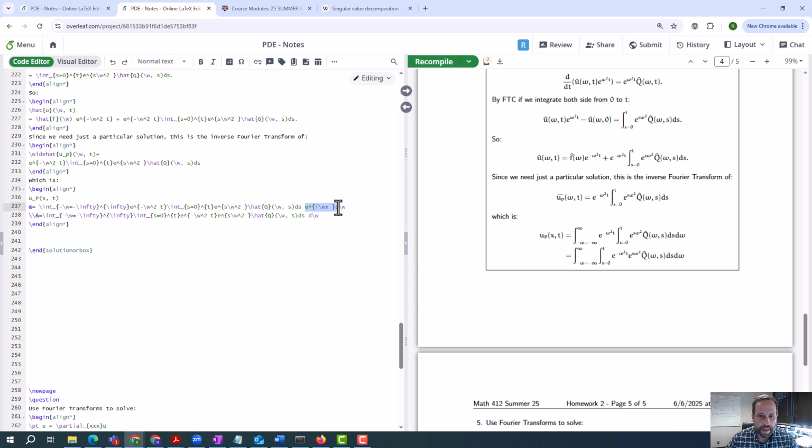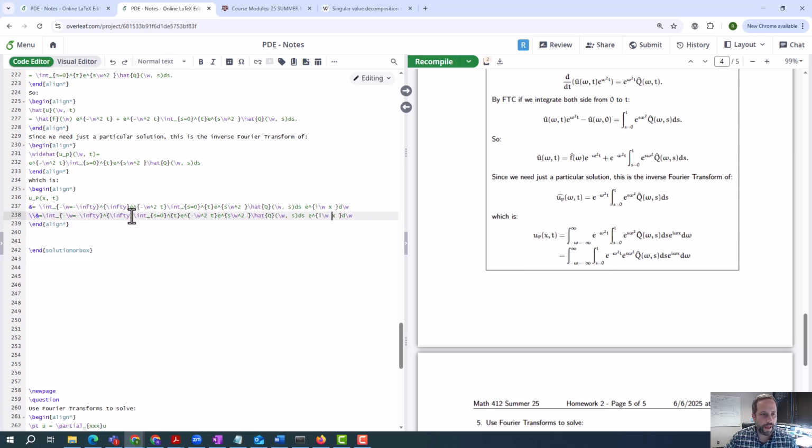I forgot that. So it's going to be like this here. Except I don't want that d. What has happened? Undefined control sequence. What have I done? Oh, because I don't have a space here.